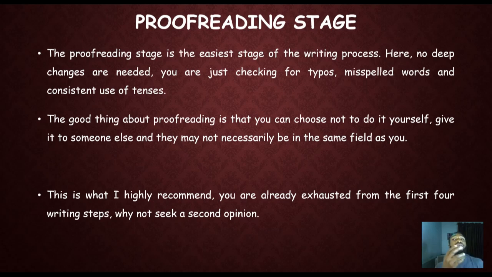Then another way I proofread is to use AI. I use AI to proofread, to check for typos, misspelled words and all of that, and if I use my tenses correctly. So what I highly recommend is that you give somebody to help you do the proofreading, because you're already tired from writing and your stages and all of that stuff.